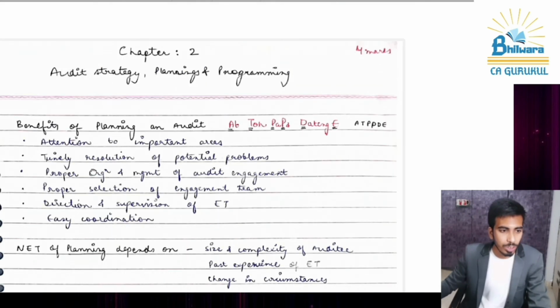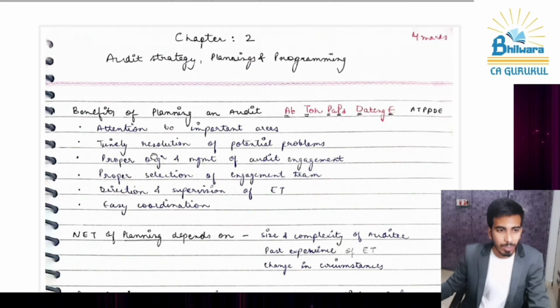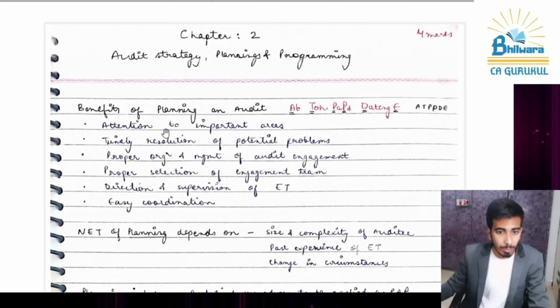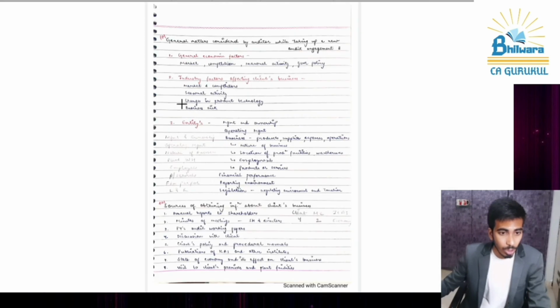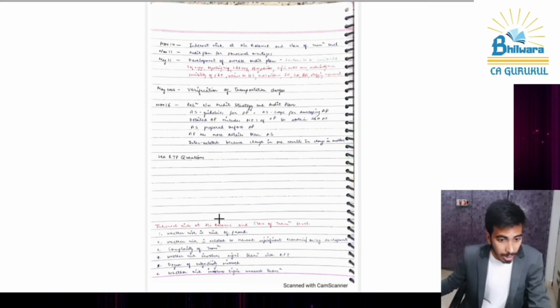This is my notes, audit notes. This is chapter number 2, audit strategy, planning and programming. So this is chapter number 2, it has all the notes, all the questions, all the topics here, till here. Now here chapter number 3 is starting.